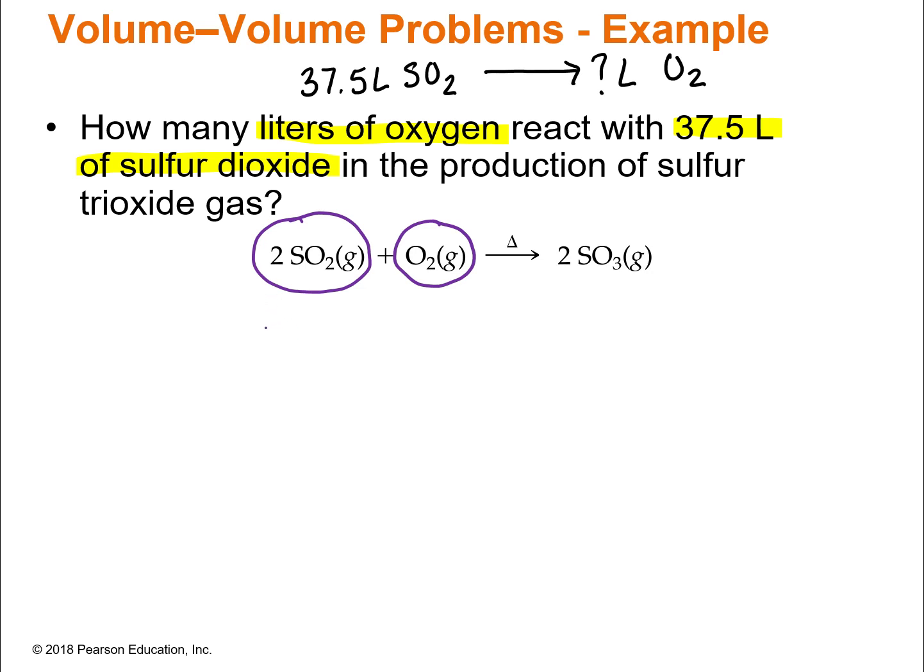The first relationship, 2 liters of sulfur dioxide gas for every 1 liter of oxygen gas. The second relationship is just the reciprocal.